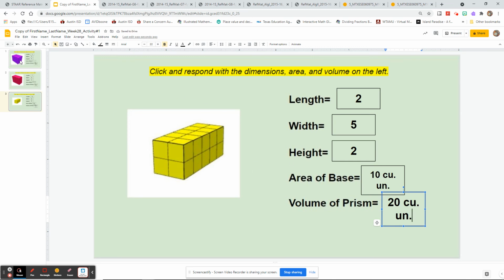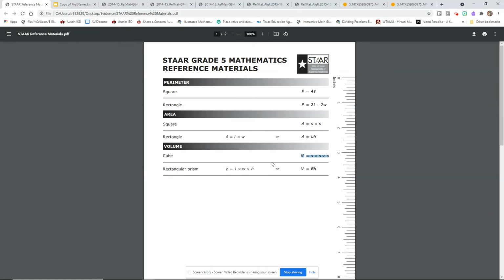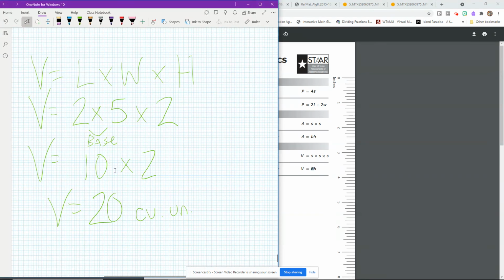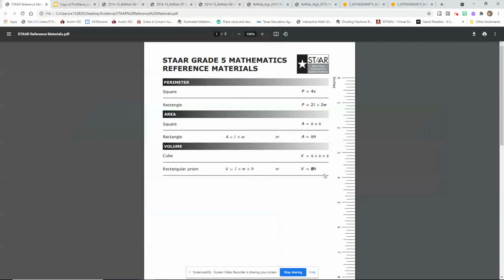So remember, to get to the answer for these, all you got to do is plug it into your formula here on your handy dandy cheat sheet. Remember, we started off our formula by multiplying length times width, which gave us our base, and that's why our second problem, or this third line on these, kind of looks more like base times height. All right, but we start off with all 3 dimensions.